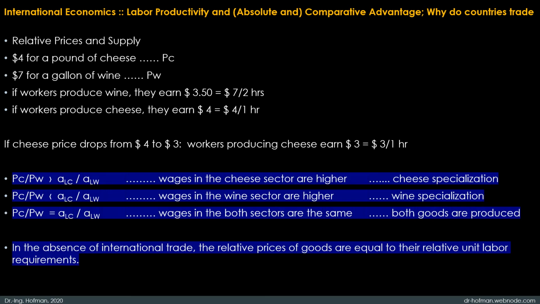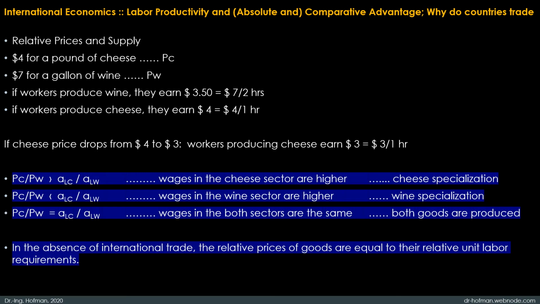Since it takes aLW person hours to produce a gallon of wine, the hourly wage rate in the wine sector will be PW over aLW. Wages in the cheese sector will be higher if PC over PW is more than aLC over aLW. Wages in the wine sector will be higher if PC over PW is less than aLC over aLW.